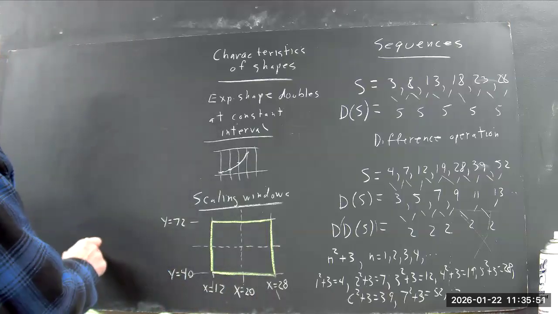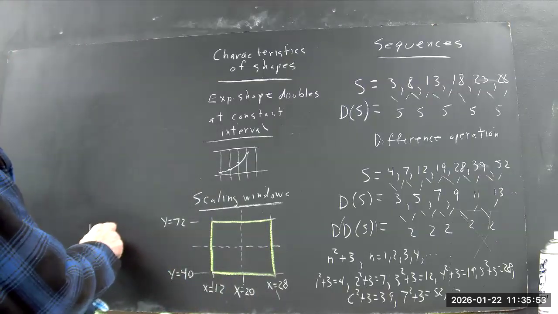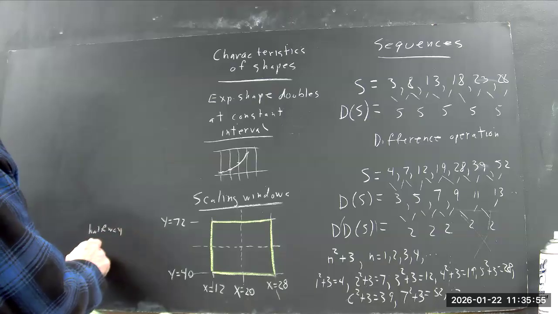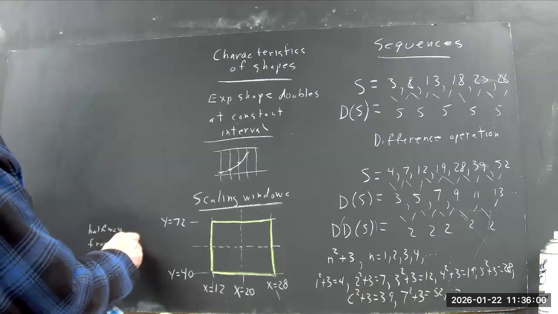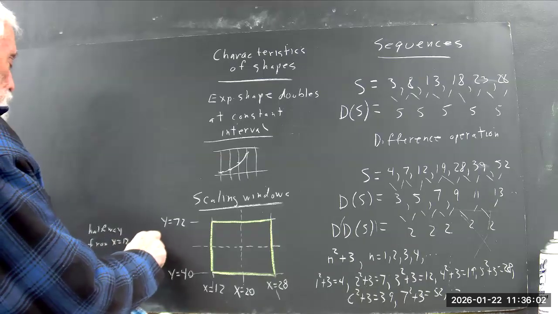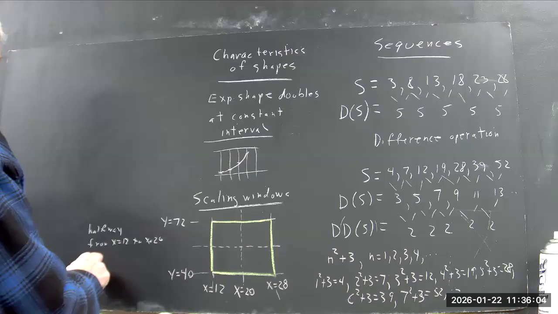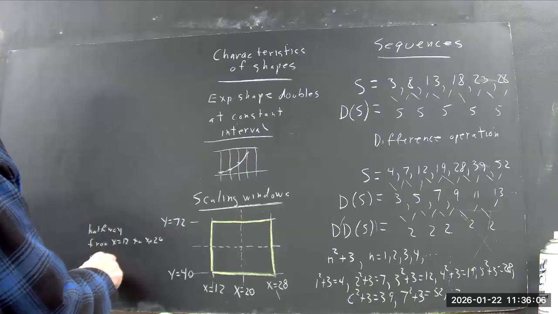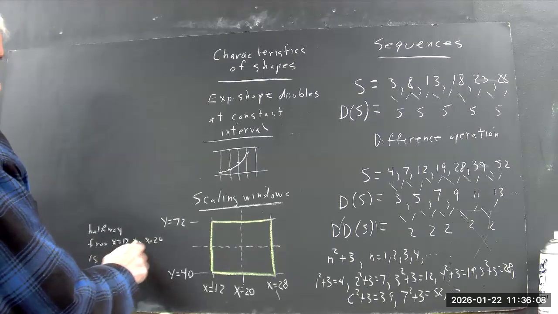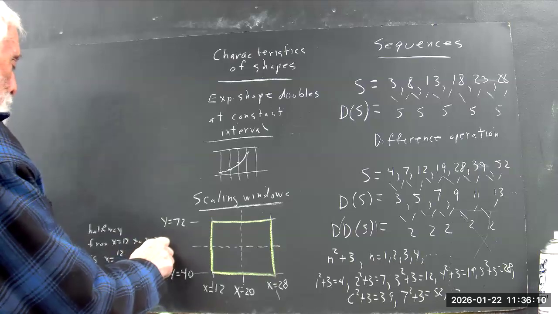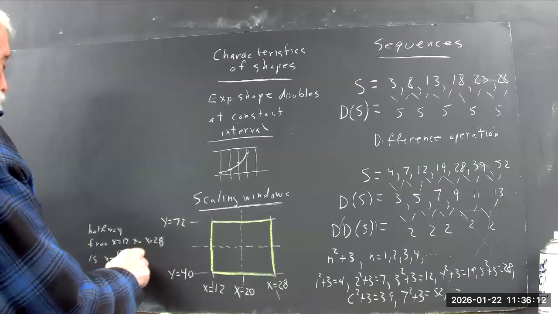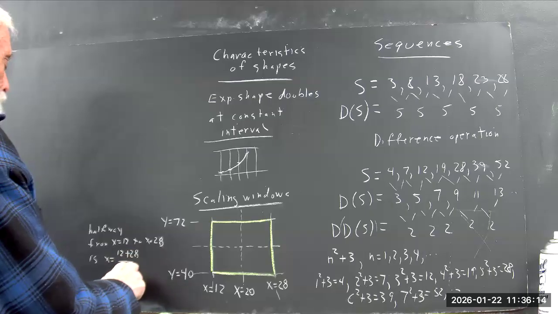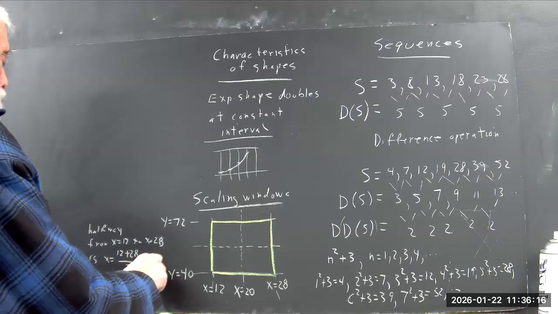Halfway from x equals 12 to x equals 28 is x equals 12 plus 28 divided by 2, which is 20.